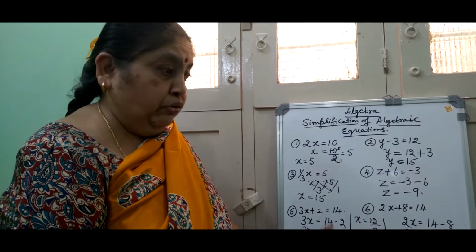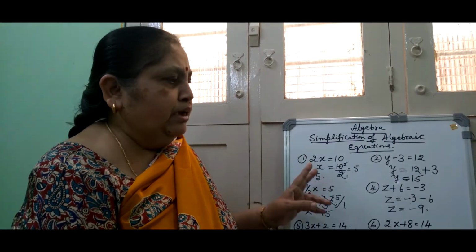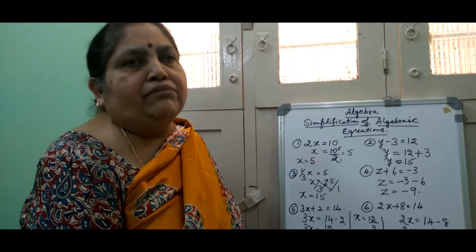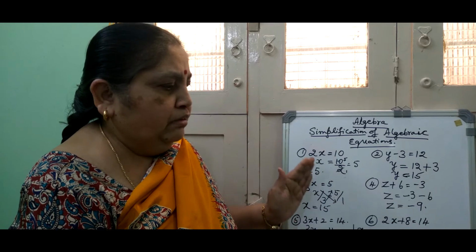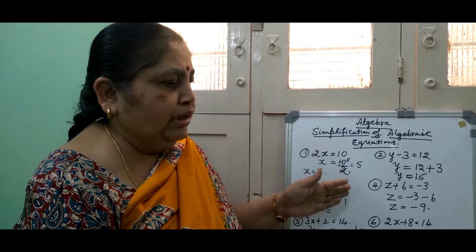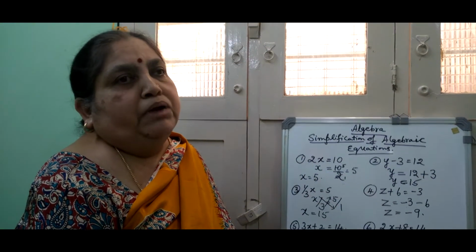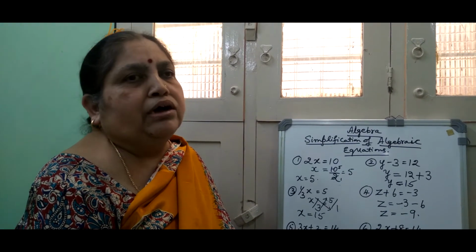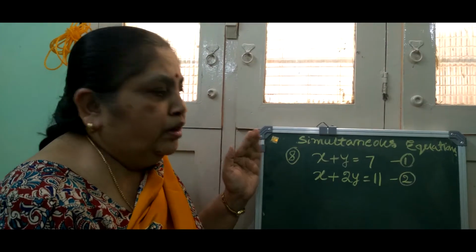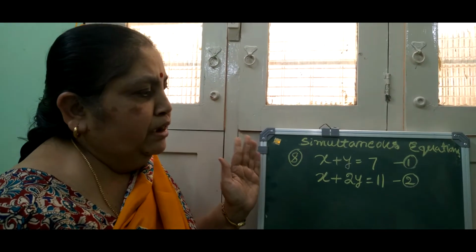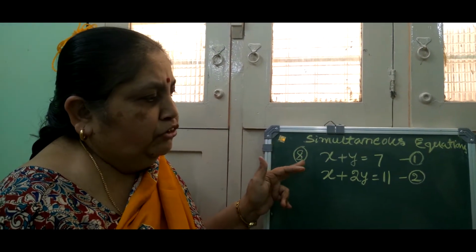Here I have showed you only the single variables. Directly we are solving the values for the single variables. But now let us see how to solve the equation when two variables are there. Now here in this example, you are observing two equations.